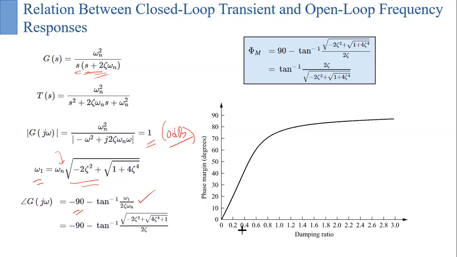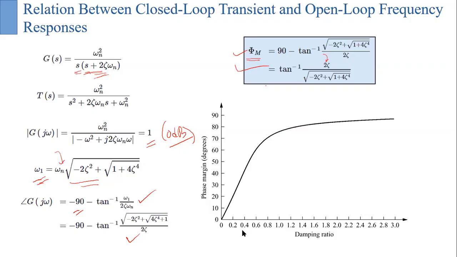So after putting in the value of omega n, and applying some slight trigonometric identity, we are going to find the phase margin. The phase margin, which is an open loop frequency response characteristic, is related to our zeta value, which is actually related to the transient behavior of the closed loop system.